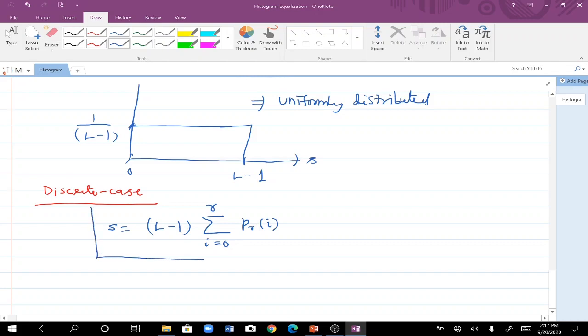This would be the new transform function, and you could see here the continuous equivalent of it is a uniformly distributed one. But the moment you move it to the discrete domain, the resulting transformation need not always result in a PDF equivalent which is uniform, because you are going to map those which are at non-integer values to the nearby integer values.